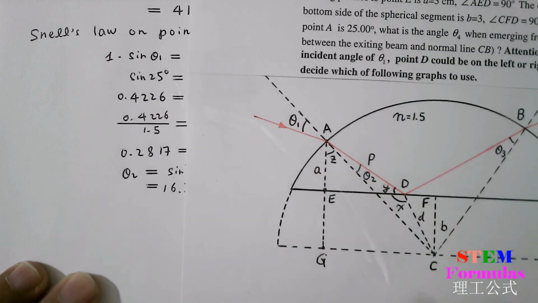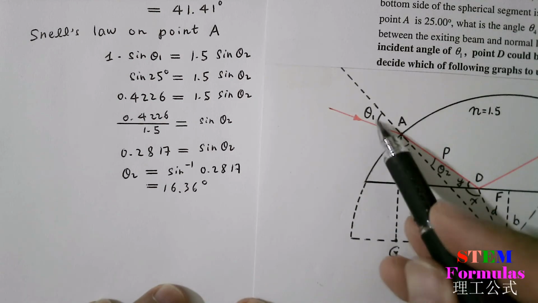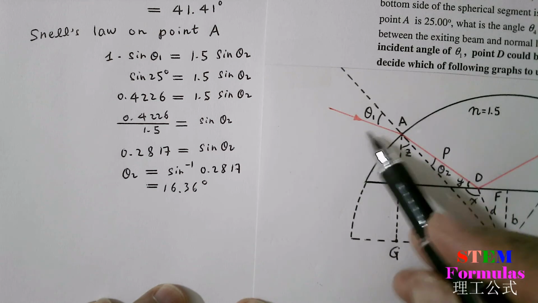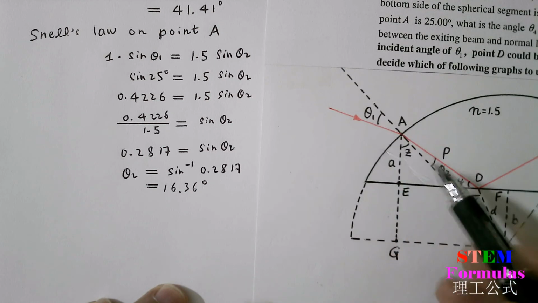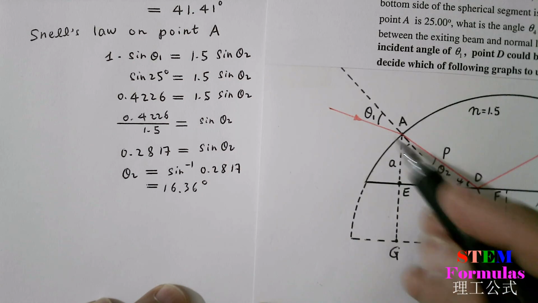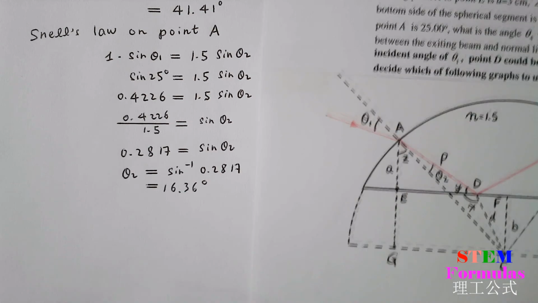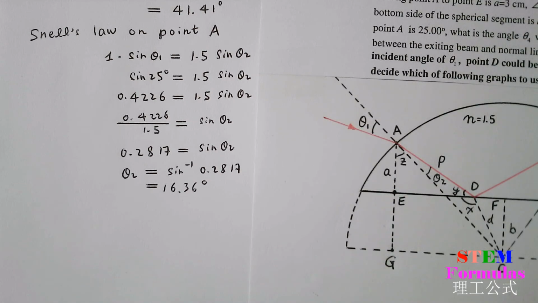So what we did, we applied Snell's law on point A: n1, equal to 1, times sine θ1 equals 1.5 times sine θ2. This is Snell's law. Next step, I apply triangle AGC.